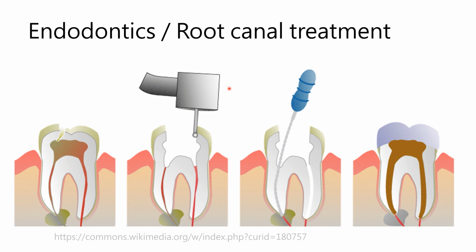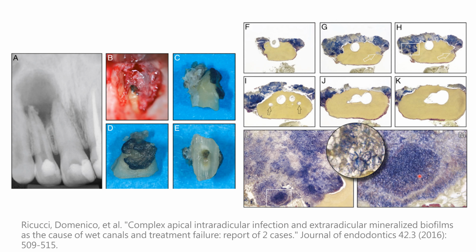So endodontics, or so-called root canal treatment, is trying to remove the pulp tissue and the bacteria inside the root canal with our rotary system and files and some cleaning irrigation, to remove all the tissue and the bacteria in the root canal system. And we will fill the root canal system with gutta percha.